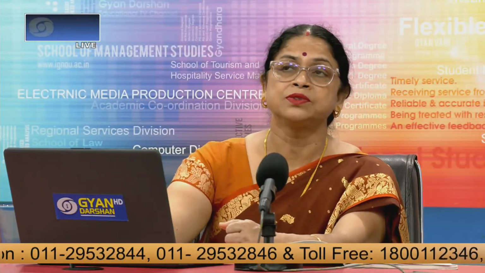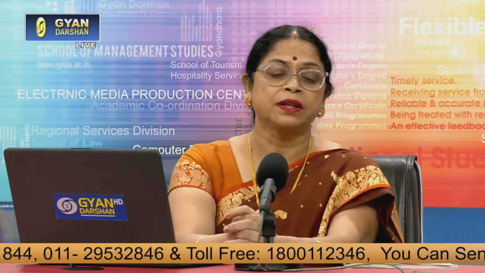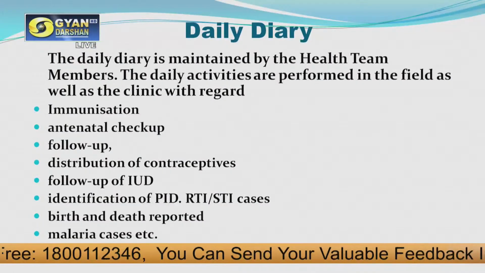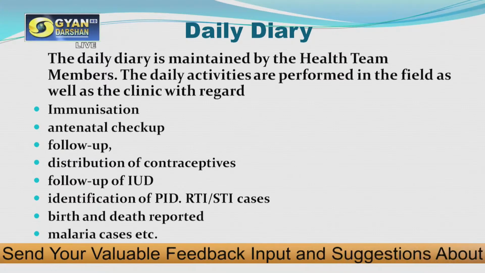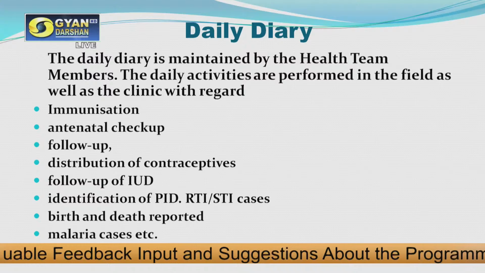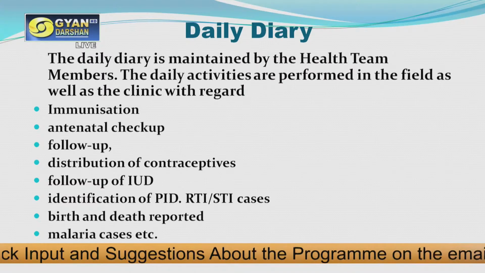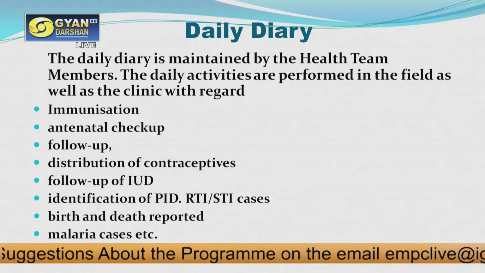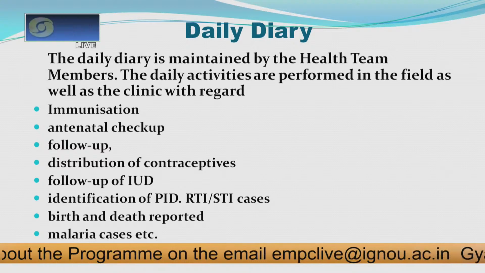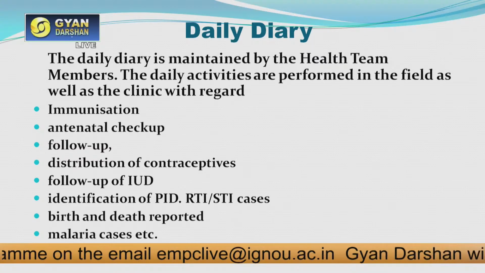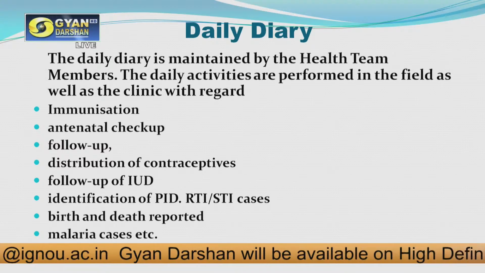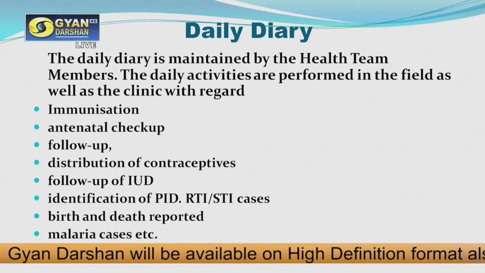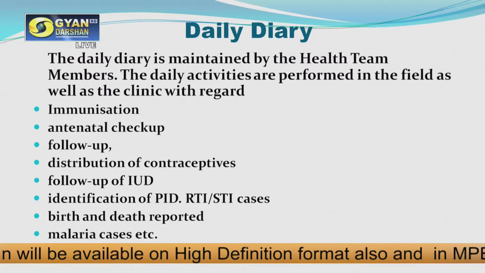Now there is one important aspect that is called the daily diary. As you know, there are so many registers which we have discussed now. Is it possible that you carry all the registers with you and start searching, now I got this eligible couple, so I will take out the eligible couple register and record the finding there? It becomes difficult to take all the registers with you in the community. So you keep a daily diary.